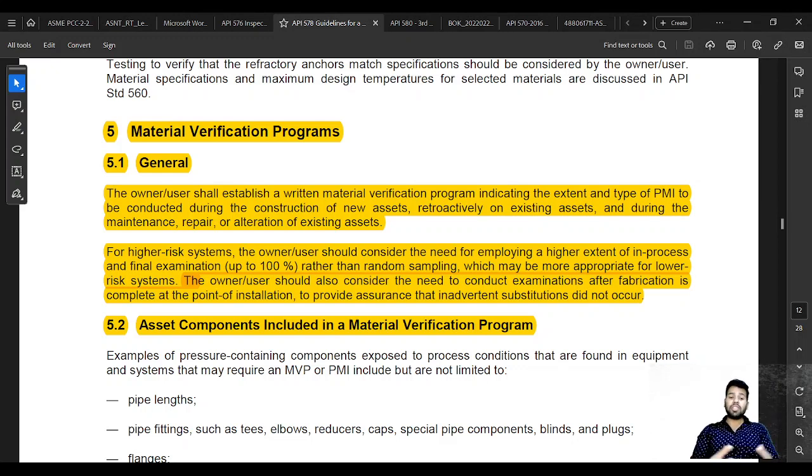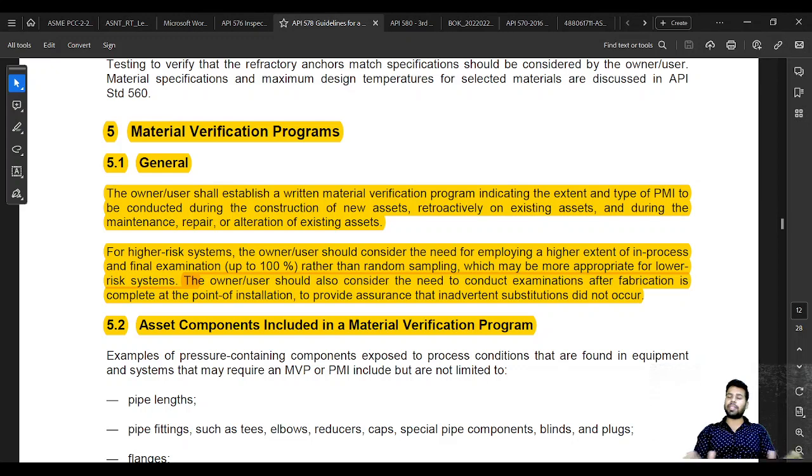So 5.1 is general. The owner user shall establish a written material verification program indicating the extent and the type of positive material identification to be conducted during the construction of new assets, retroactively on existing assets, and during maintenance, repair and alteration of the existing assets. For high risk items, the owner user should consider the need for a higher extent of in-process and final examination.